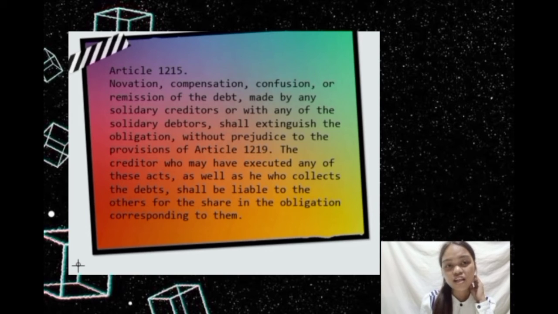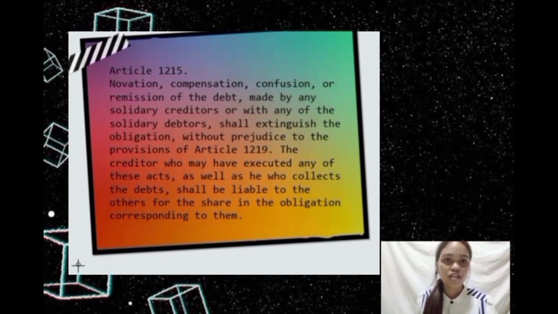Here, confusion takes place because the characters of creditors and debtors are merged in the person of Princess. So the solidary obligation is extinguished. Jad is liable to Princess for Jad's share in the obligation.